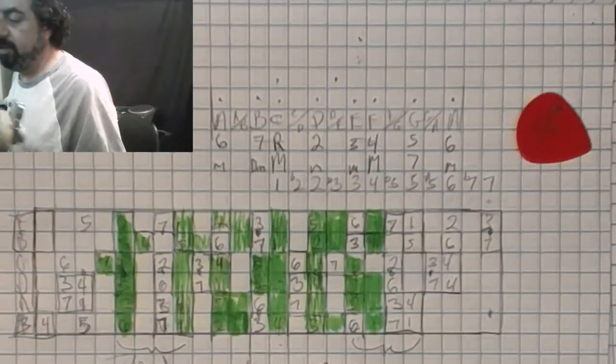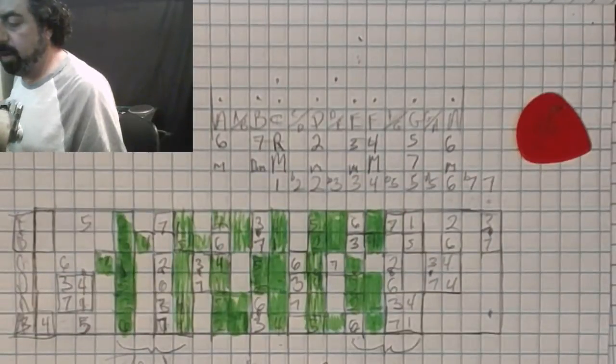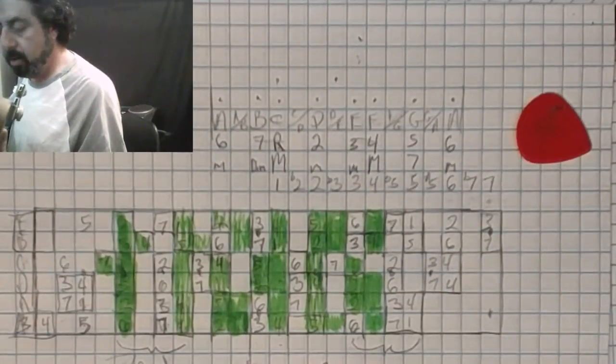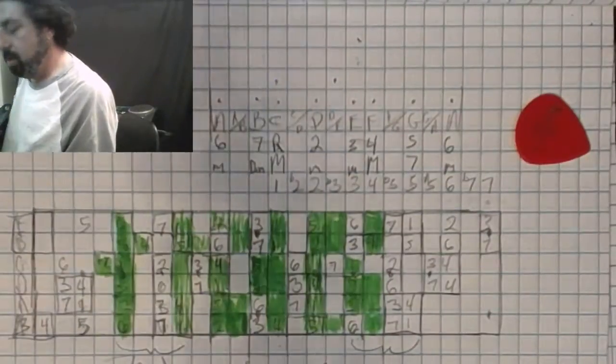Well, that sucks. Something just went slightly wrong there. What did I do wrong? E flat to the 2.